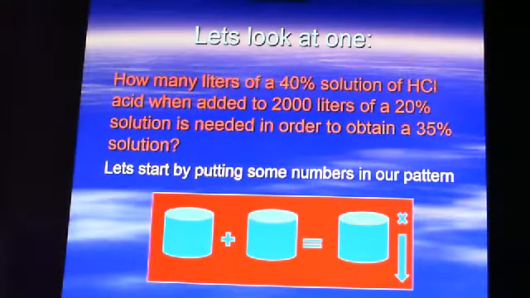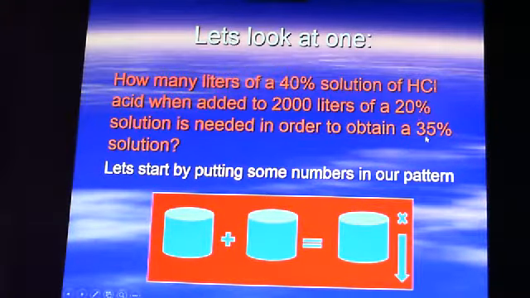Now, I need to put some numbers in there, and the first thing I have to put in is my percents. So I'm going to go up here and look at my problem. It has 40%, 20%, 35%. Those are the three percents we're talking about. I have to put them in numerical order first. So that means the first one is 20%, because that's the smallest, and then 35%, and then 40%.